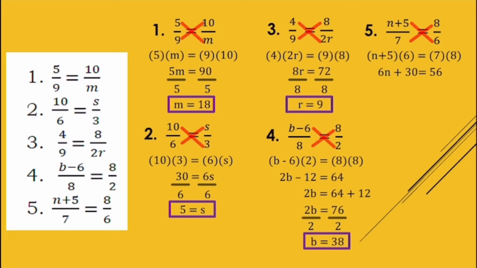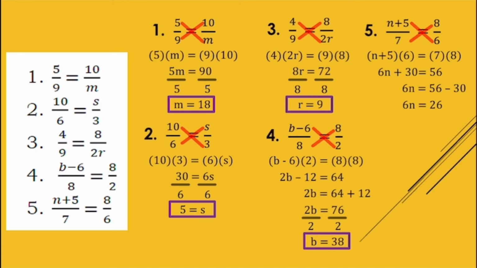Again, let's combine similar terms. So we transpose positive 30 to the right side, and from positive, it will become negative 30. So we have now 6n is equal to 56 minus 30. So 56 minus 30, we have 26.